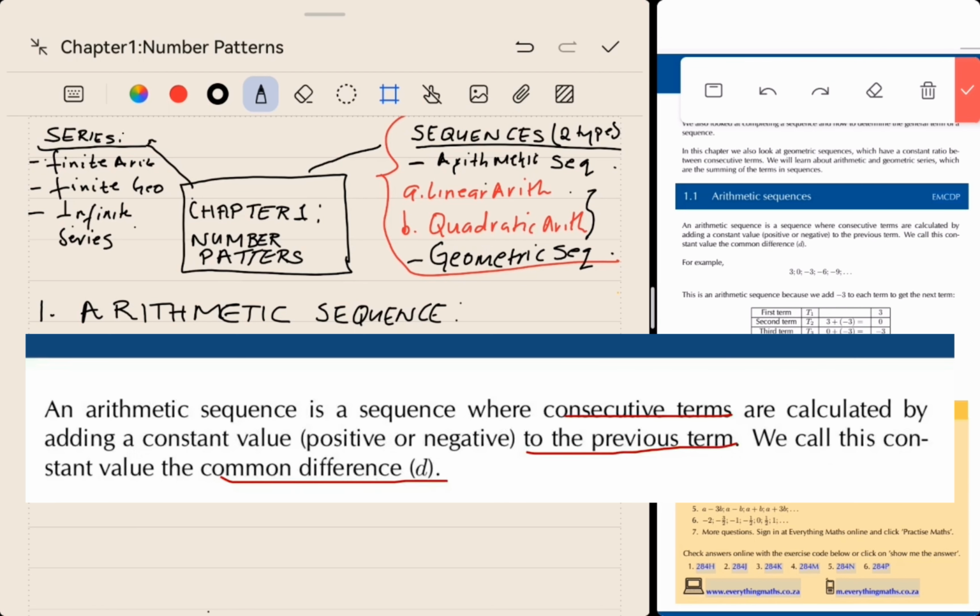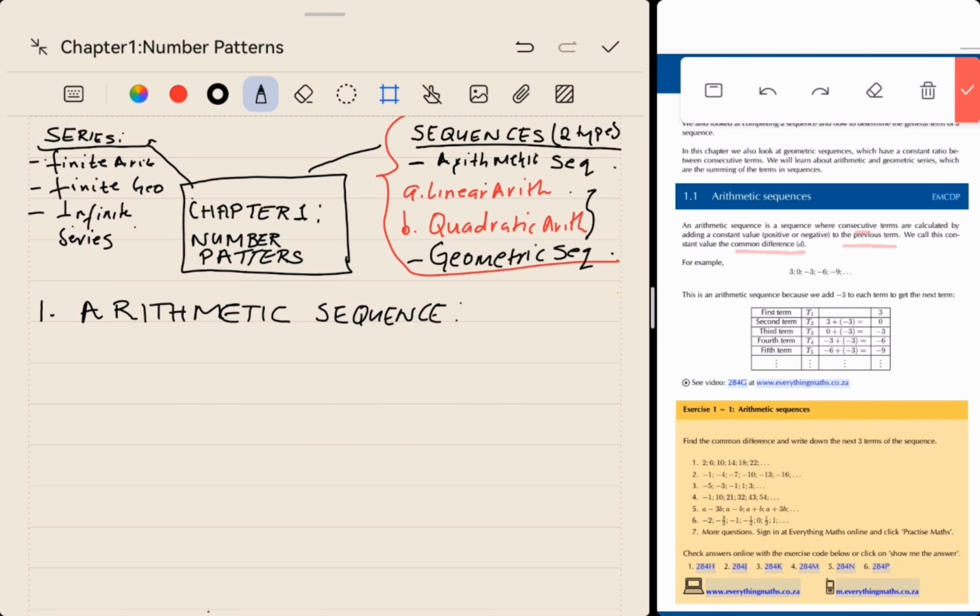They say here, an arithmetic sequence is a sequence where consecutive terms, which means terms following each other, are calculated by adding a constant value, either positive or negative, to the previous term. We call this constant value the common difference. Take note of that. It's what we are going to be referring to in the rest of the chapter.